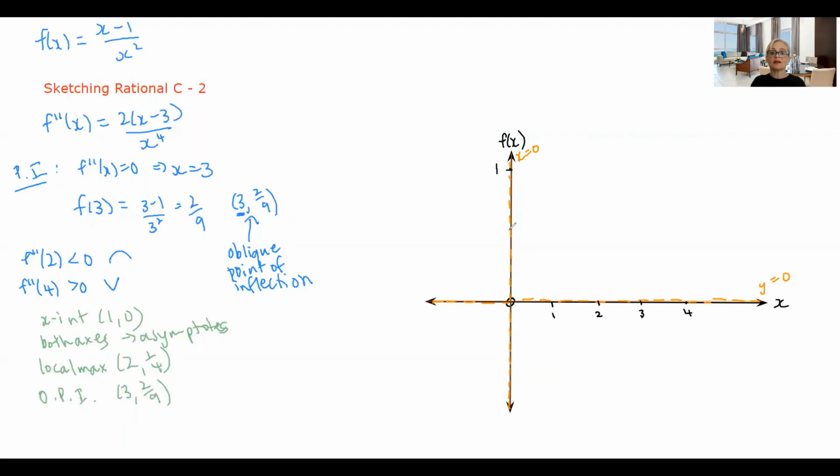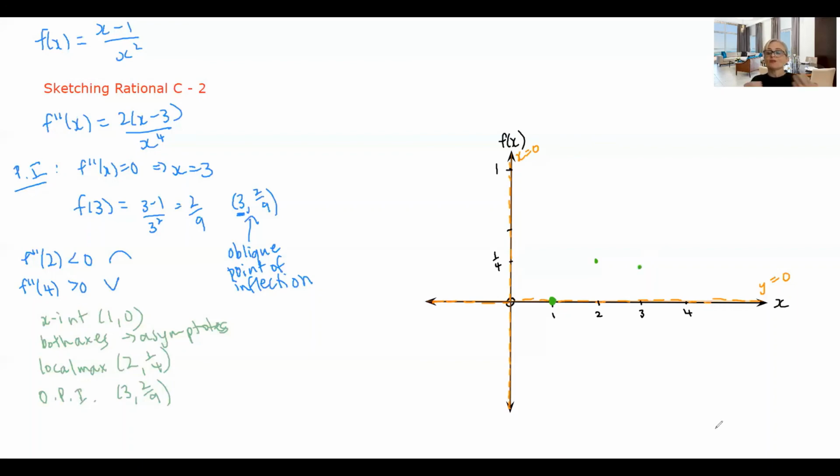Because if 1's up there, a half is there, a quarter is there. Let's plot a couple of points. So this is our x-intercept. The point (2, 1/4) is our local maximum. The point (3, 2/9), which is just a smidge below, is our oblique point of inflection.